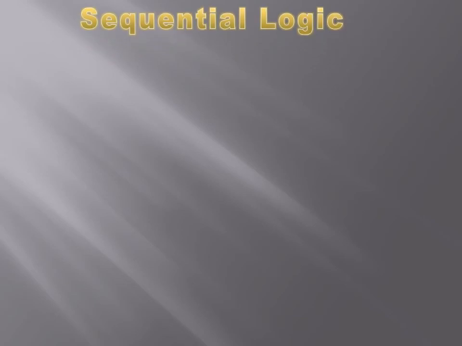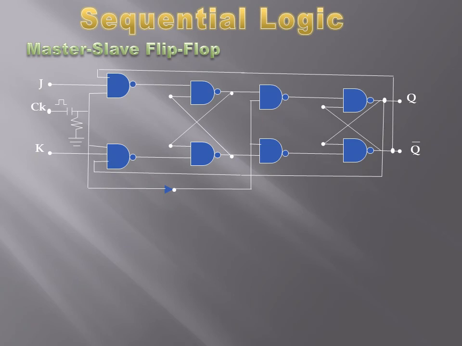Another important flip-flop is the master-slave flip-flop, which is designed with the help of two stages of JK flip-flop. In this we have two JK flip-flops, which are connected one after the other.